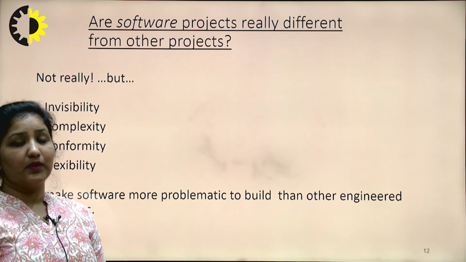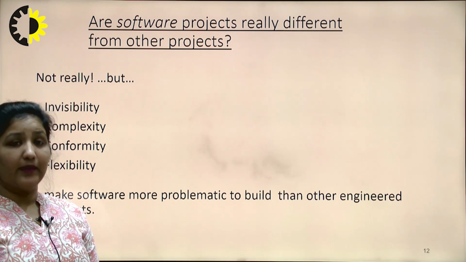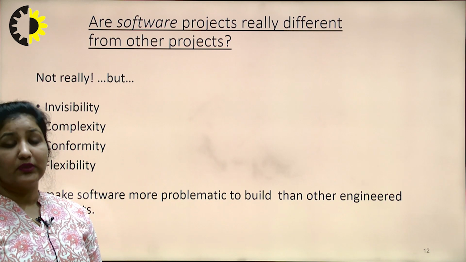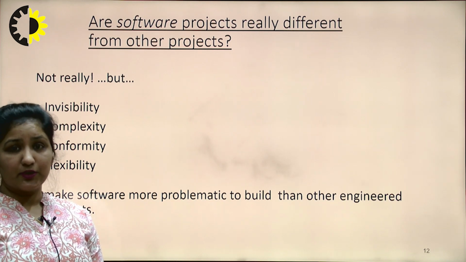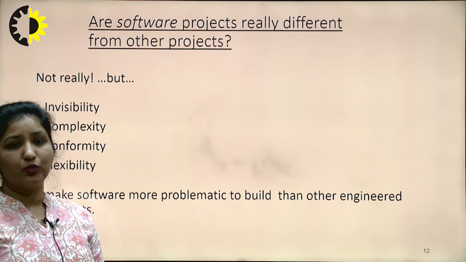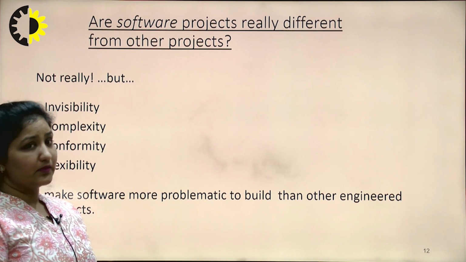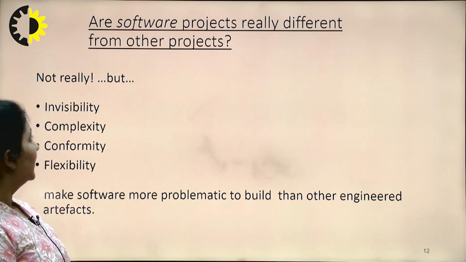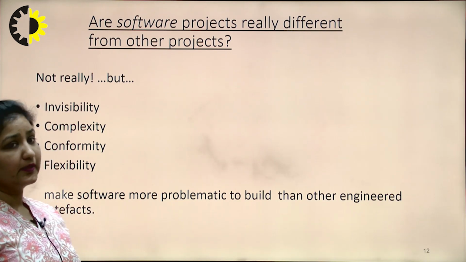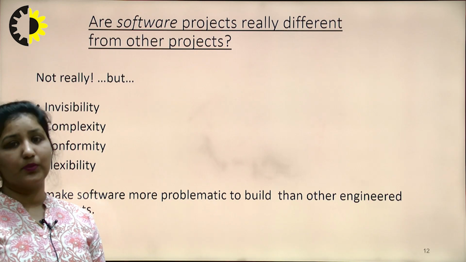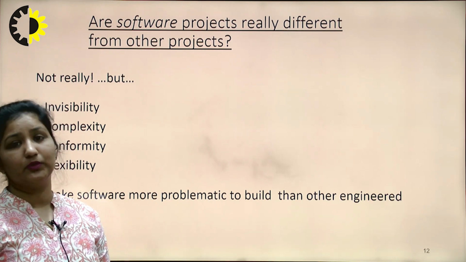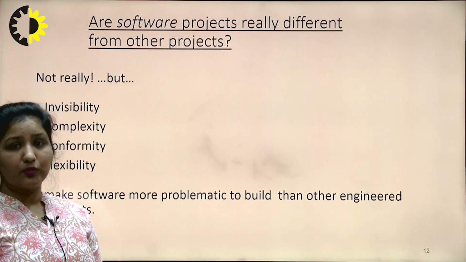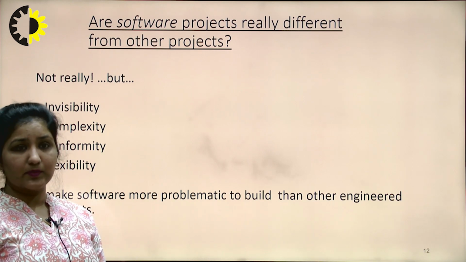Now we are talking about software projects, and we have other normal projects as well, like hardware. We want to know whether a software project is actually different from other projects, or whether they are more or less similar. The things where software projects differ are invisibility, complexity, conformity, and flexibility. Invisibility means that we are not able to touch the software, so it is invisible in nature.